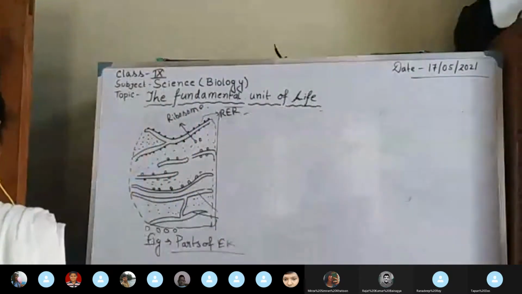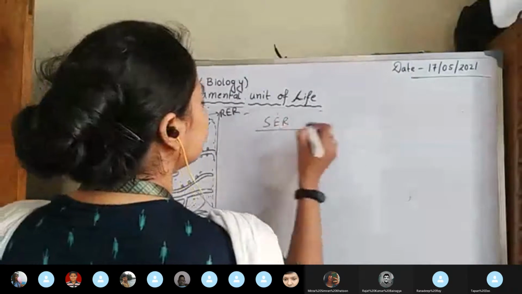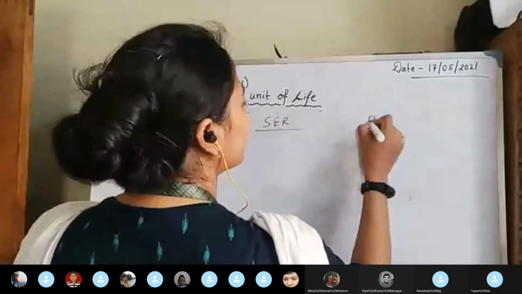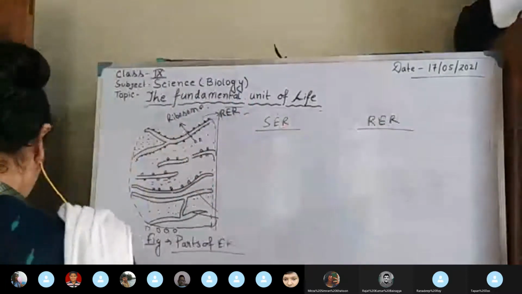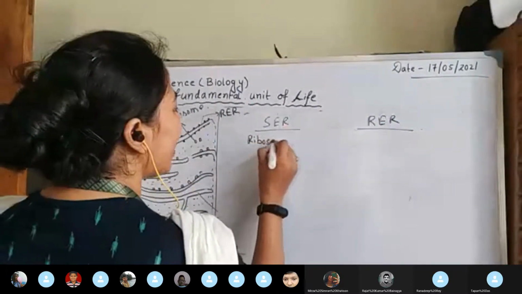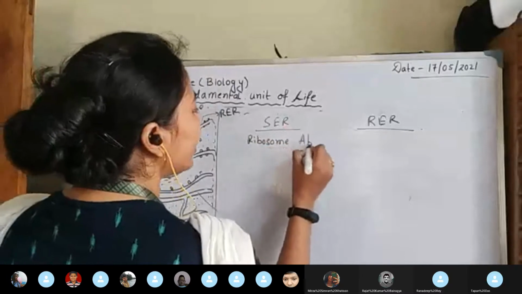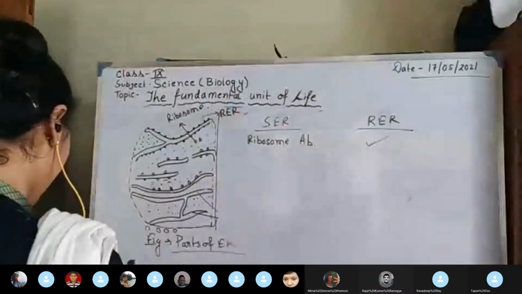First comes SER, that is smooth endoplasmic reticulum, and then the other part, RER, rough endoplasmic reticulum. Here ribosomes are obviously absent, and ribosomes are present in the case of rough endoplasmic reticulum.